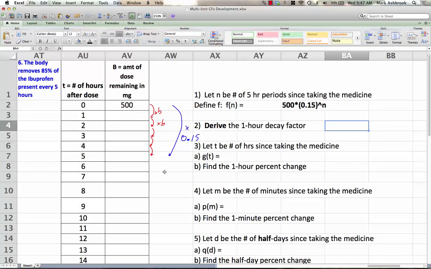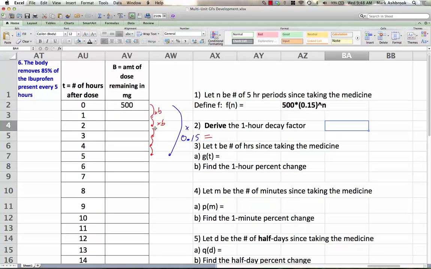If B is the 1 hour growth factor, what does 0.15 equal? If B is the 1 hour growth factor or decay factor, then what does 0.15 equal in terms of B? 0.15 is what you multiply by to get the amount 5 hours later.